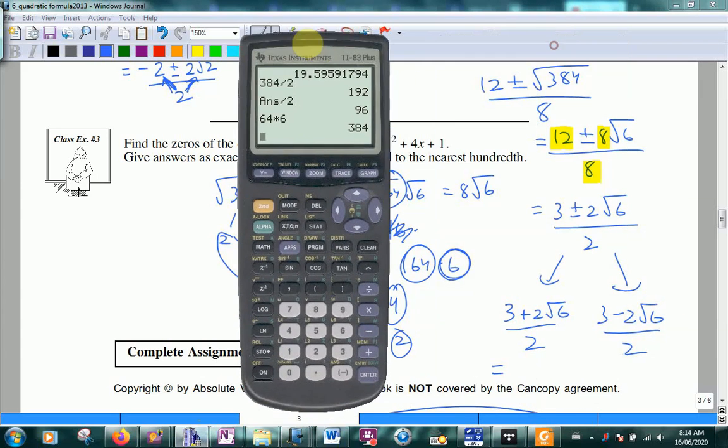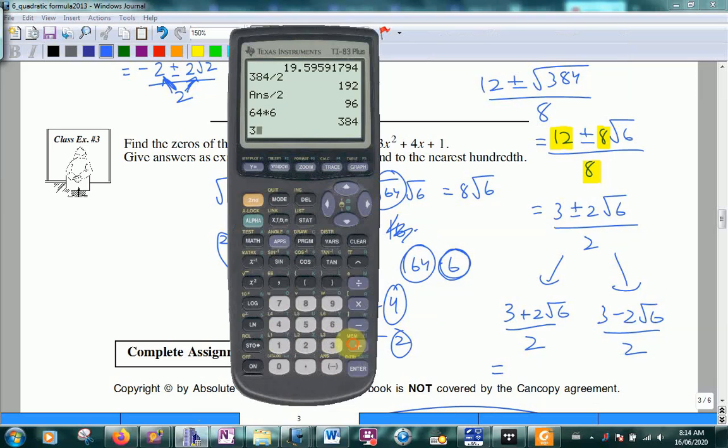And to make more sense of it, as a decimal, come on, 3 plus 2 root 6, just one of them. Okay, either bracket or all that or hit enter, then divide by 2. 3 point, and they want tenths, don't they?